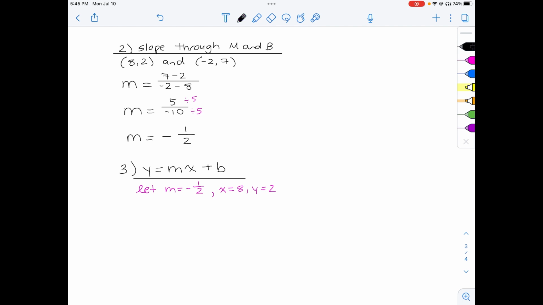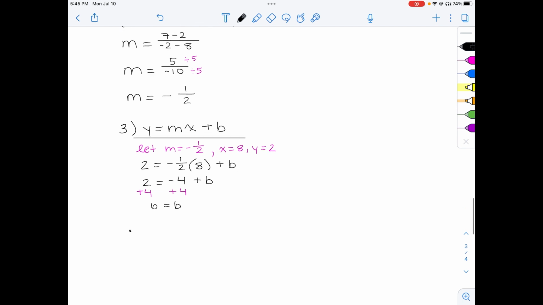So we will have 2 is equal to -1/2 multiplied by 8 plus b, and then we are simplifying and isolating, so this side is still 2. For -1/2 times 8, either make sure you are confident with multiplying fractions, or you can just do this on your calculator. This is the same as saying -8 divided by 2, so -4 plus b. Now we are isolating for b. We'll add 4 to this side, add 4 to this side, and we have 6 is equal to b.